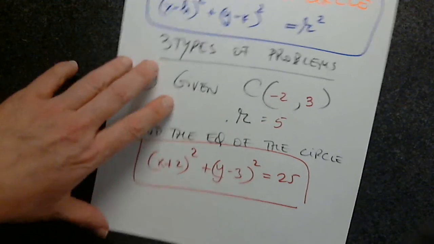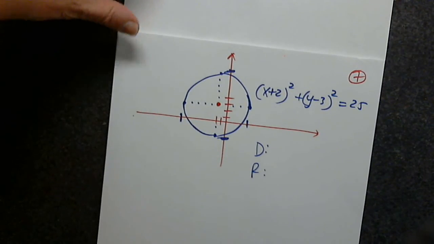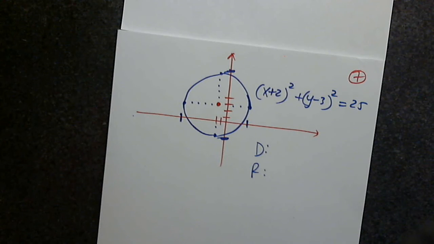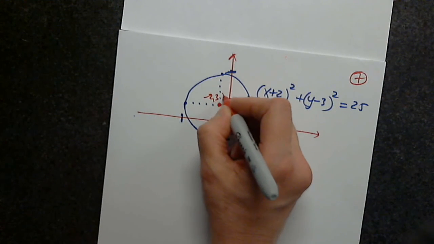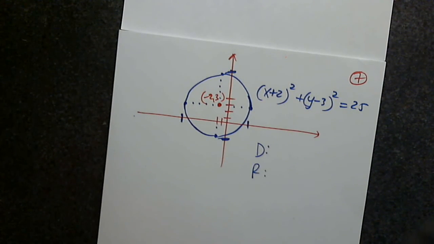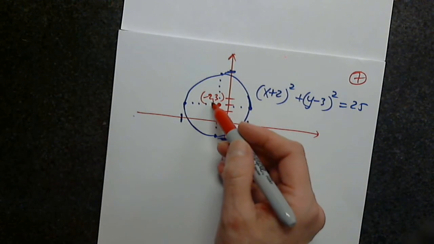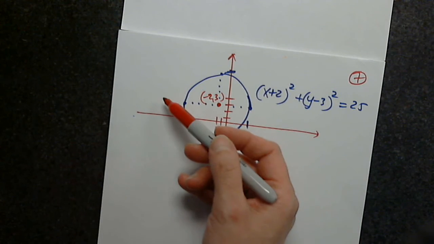Good. So can anyone give us the domain of this circle? I know it's not a function, but it still has a domain, and it still has a range. And let me make it easy on you. Negative 2 comma 3. How far to the left does it go? 5 units. Very good. But I already have negative 2. So then how far?